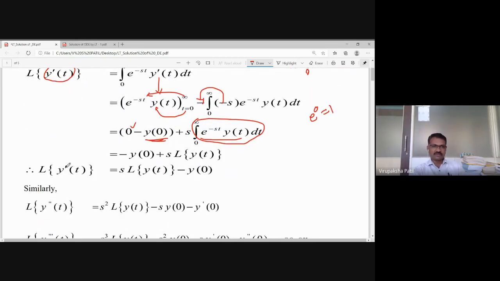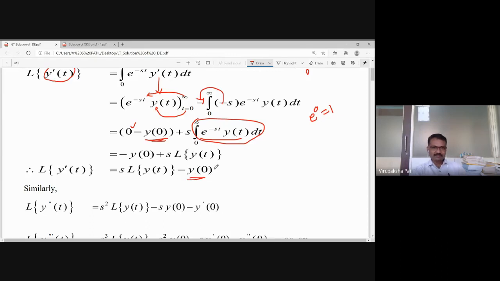Therefore, Laplace transform of y dash t can be written as s into L of y of t minus y at t equal to 0. Or sometimes they give this as x at t equal to 0.